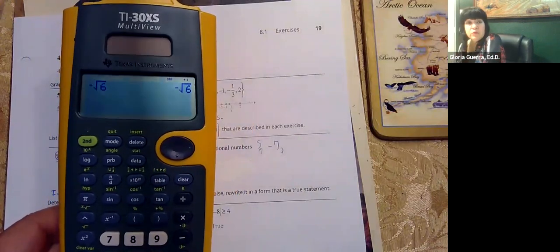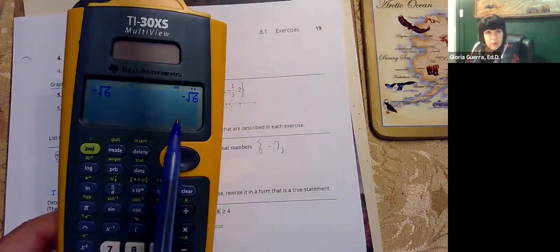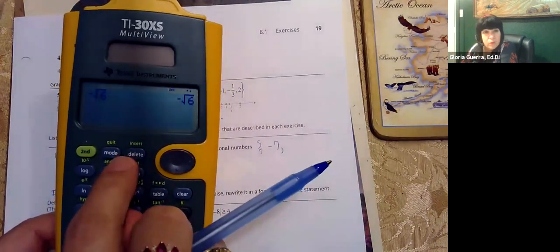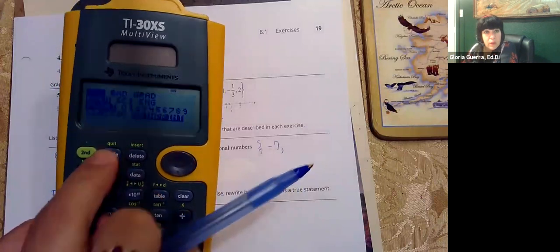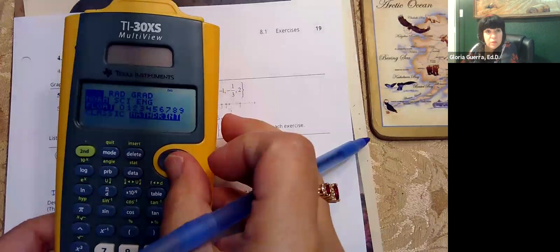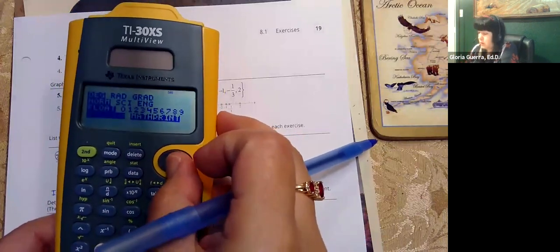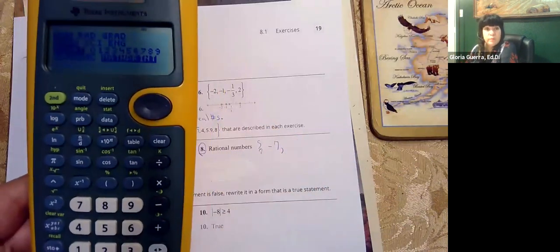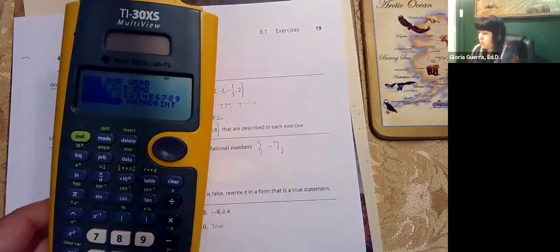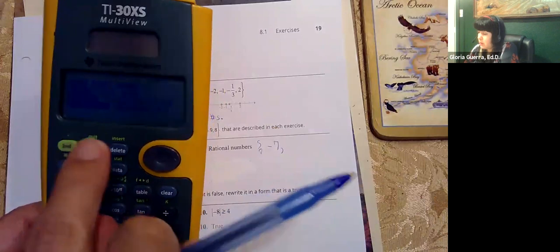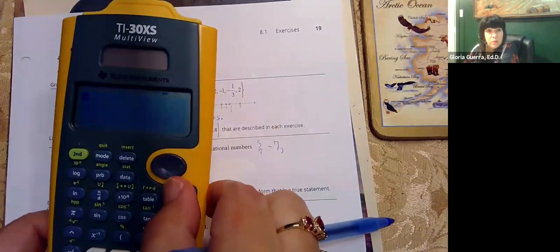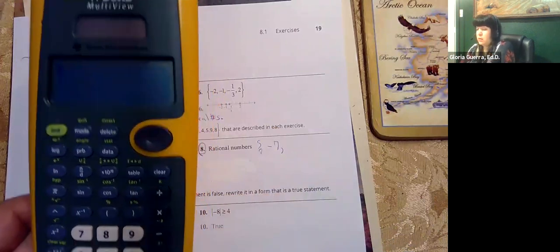Oops, okay. When that happens, I need to change the mode right here. I'm going to change it to classic instead of MathPrint, and hit enter. Now when I go back and clear, let me try that again.